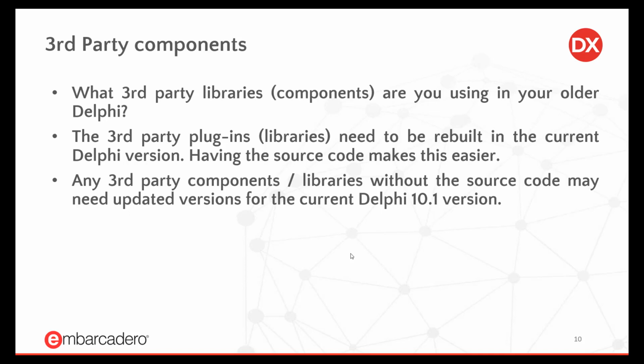Having the source code makes this an easy process, and you basically have to follow what we talked about already. You have to do the Unicode preparation. You have to make sure that the application, in this case the package or the library for third-party components, is going to build, and you just need to rebuild it.